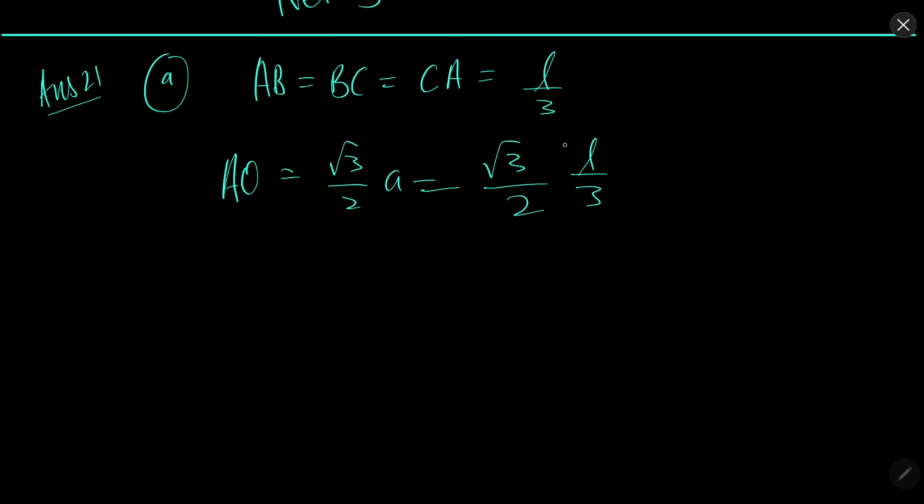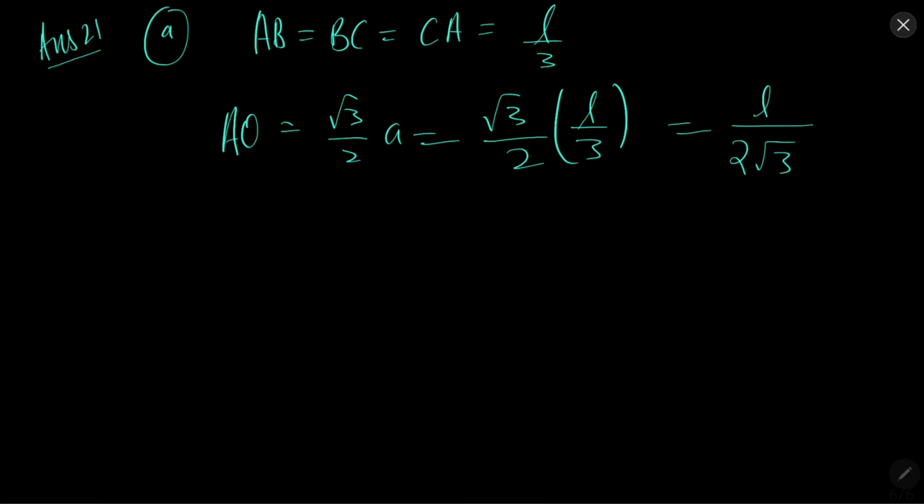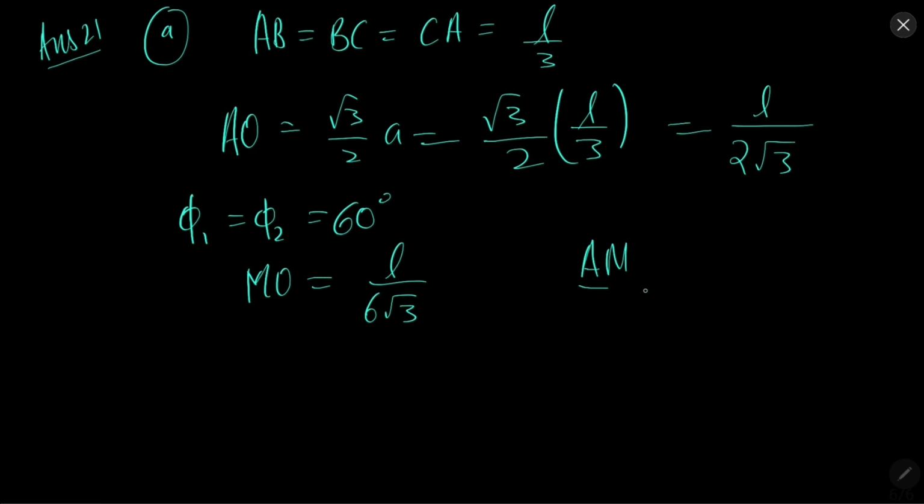A is L by 3, side is L by 3. So L is 2 root 3. Phi 1 equals phi 2 equals 60 degrees. MO will be L by 6 root 3, and because of this AM by MO is 2 by 1.